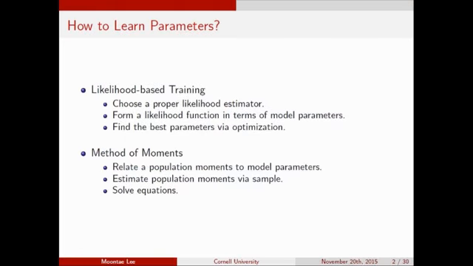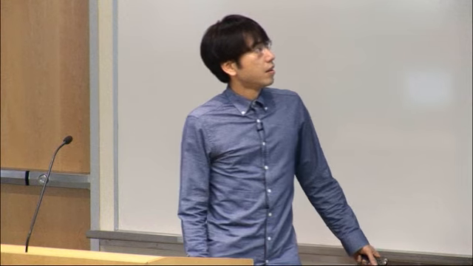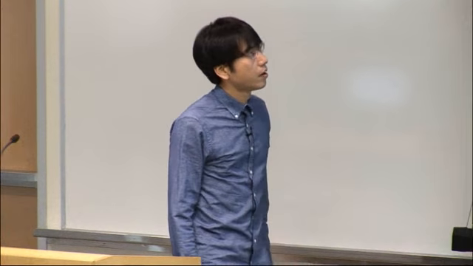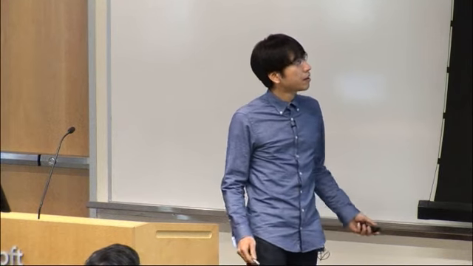Before going into the outline, I will briefly talk about the difference between several learning models. In machine learning, in order to learn the model parameters, we have roughly two different methods. One is likelihood-based training. We first choose a proper likelihood estimator. Of course, there are a lot of different estimators, like pseudo-likelihood, maximum likelihood, or MAP likelihood.